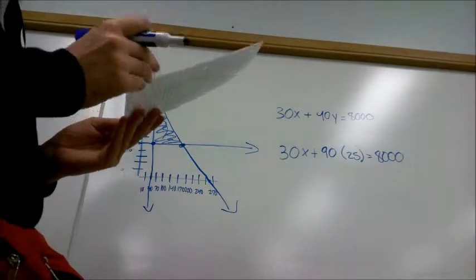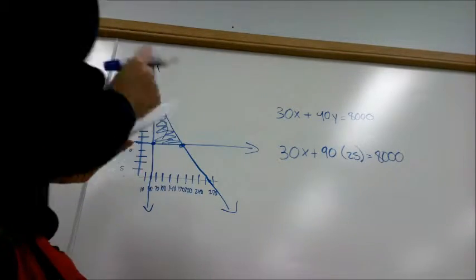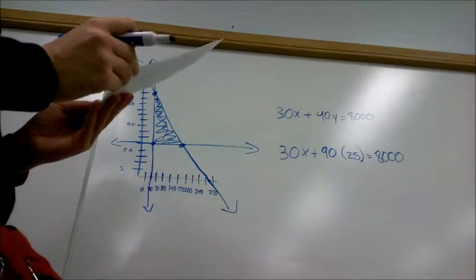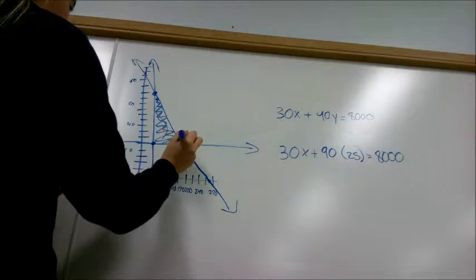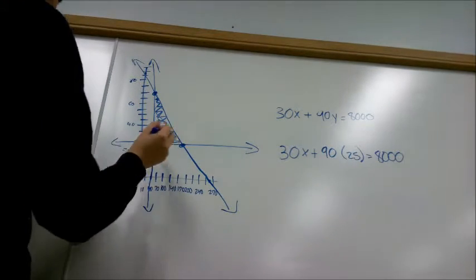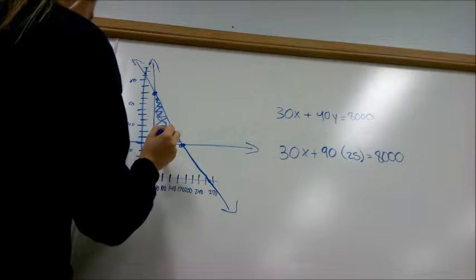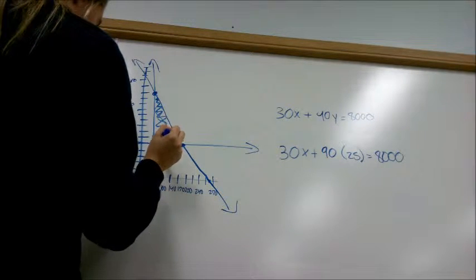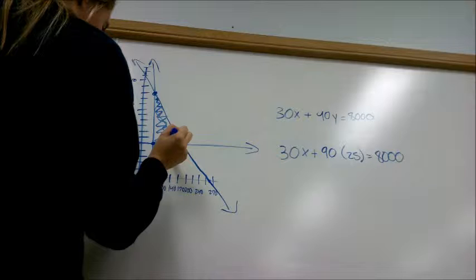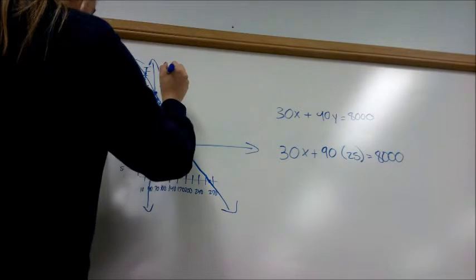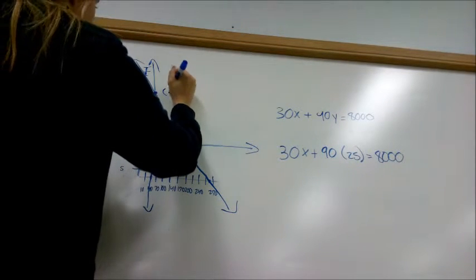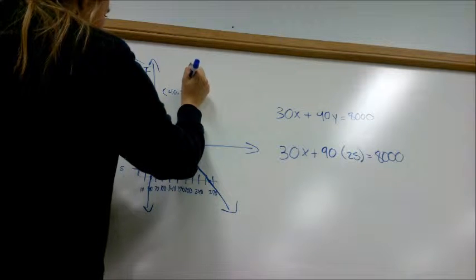Okay, so after you fill in your graph, you want to go and find the points that are here, here, and here. So to do this, you just take this one because it's right on the line. So this point right here is 40, 25. This point up here is 40, 75.